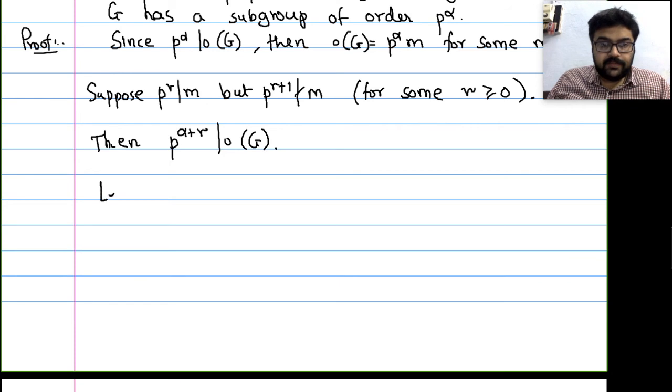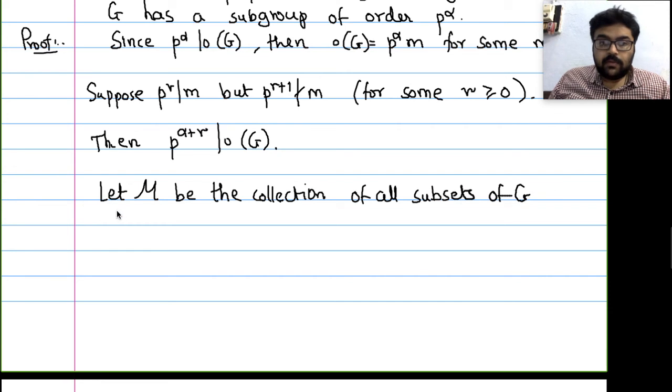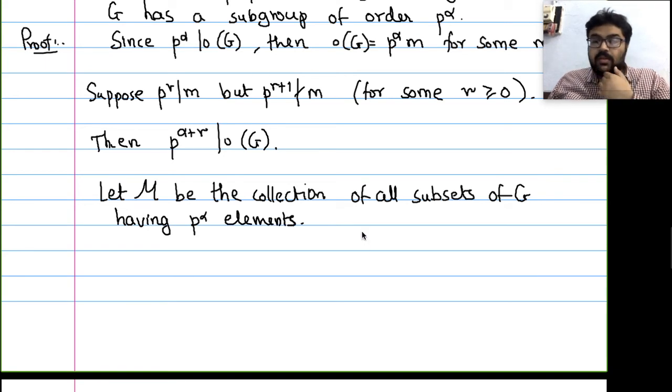So let M be script M. So this curly M is the collection of, we want a subgroup of order p power alpha, but let us consider the collection of all subsets of G having exactly p power alpha elements.